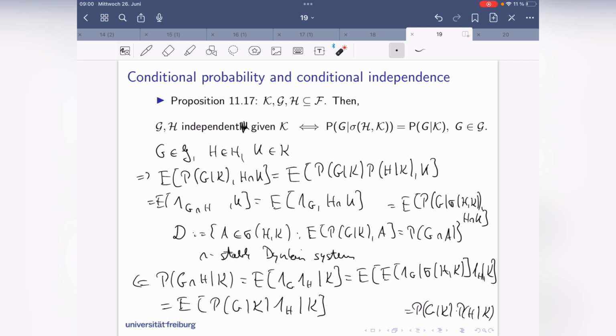So that's the P of G given K here. And I'm left with the conditional expectation of the indicator of H given K, which is exactly the second part here. Which means I'm done with the back direction, and we have shown that we can extend the first theorem of the video to conditional independence.